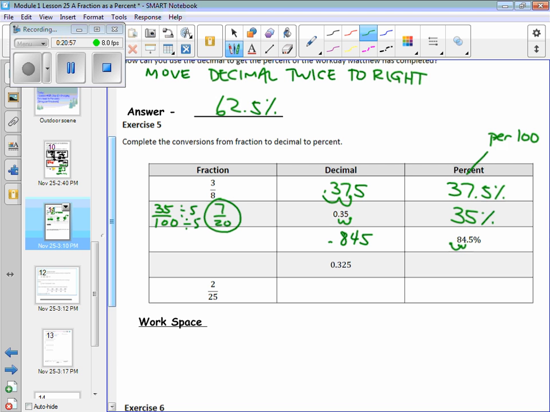0.845. And when you create the fraction for this, I have not taught this with 3 digits, but this goes to the thousandths place. So when we actually say this value in word form, it's 845 thousandths. So that is going to create a fraction of 845 over 1,000.